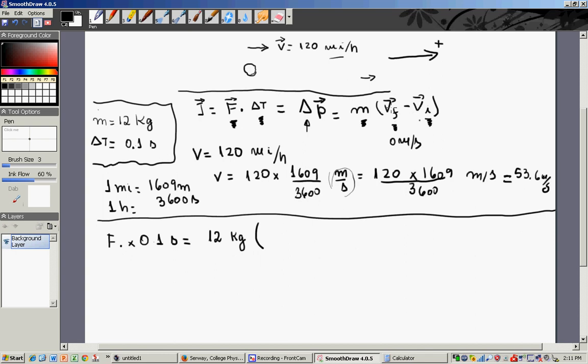The final velocity is 0. The initial velocity is 53.6 meters per second. So the force is going to be 0 minus that, a negative value: 12 times 53.6 divided by 0.1 newtons.